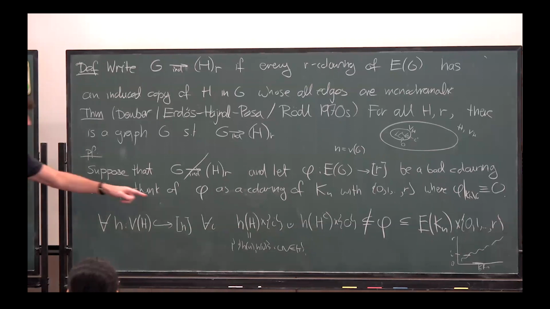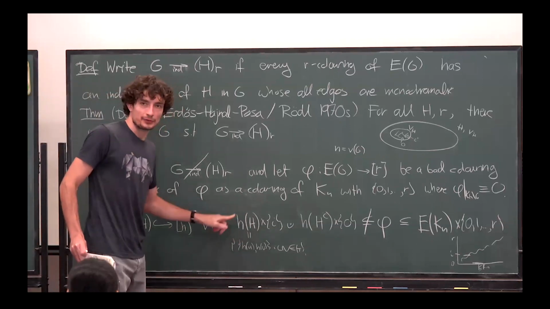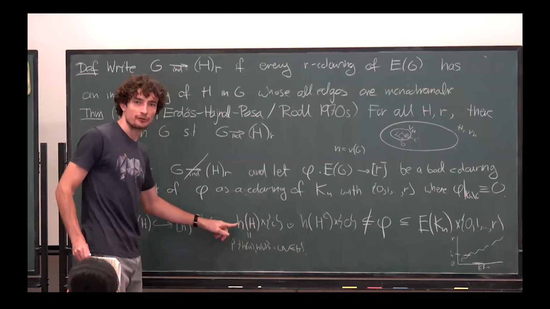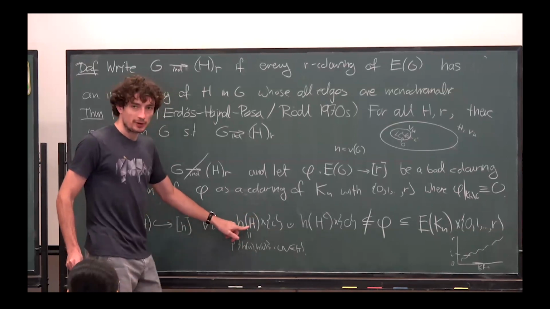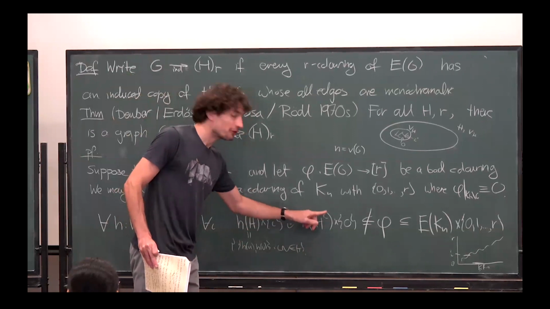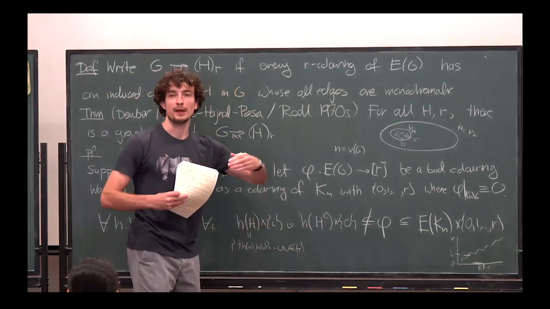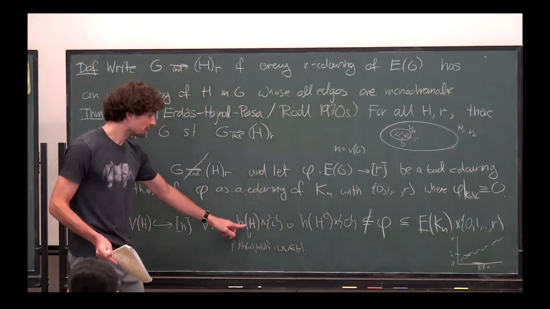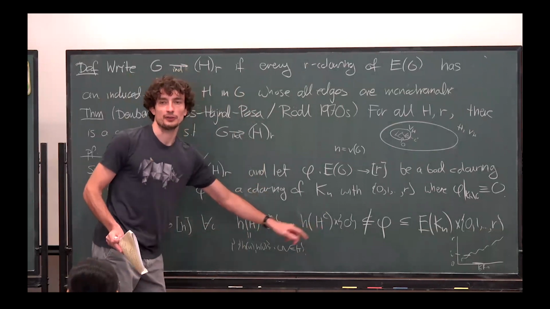So this is a collection of edges of a copy of H in the complete graph, and this is the set of edges of the complete graph which is the complement of this copy of H on its set of vertices in Kn.